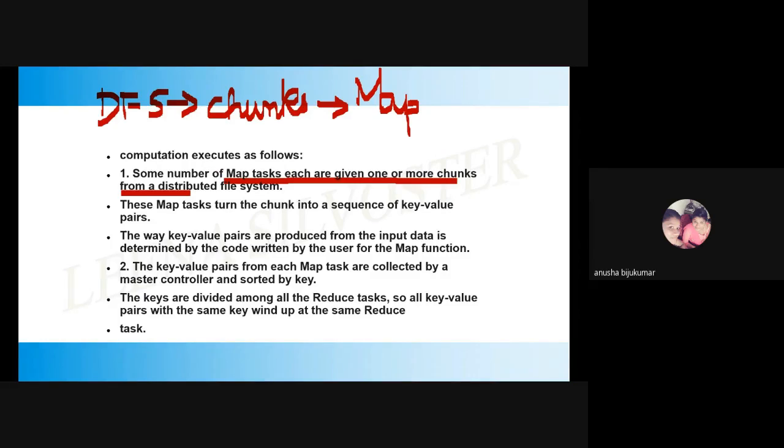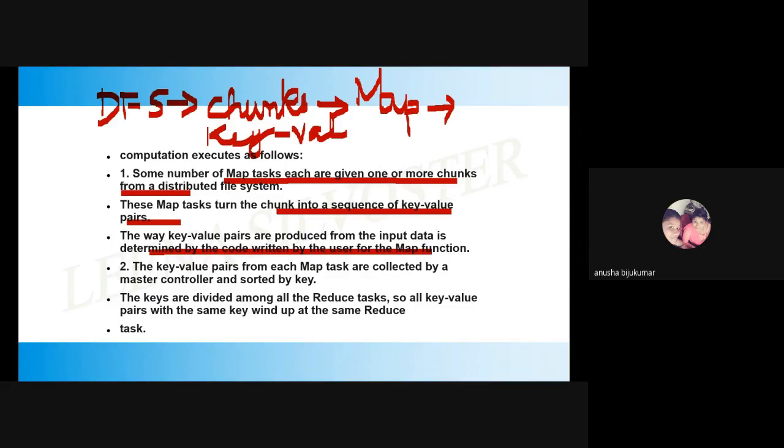Then these map tasks will turn the chunk into a sequence of key value pairs. Actually, these key value pairs are determined by the code written by the user. So depending upon the scenario, it will vary.